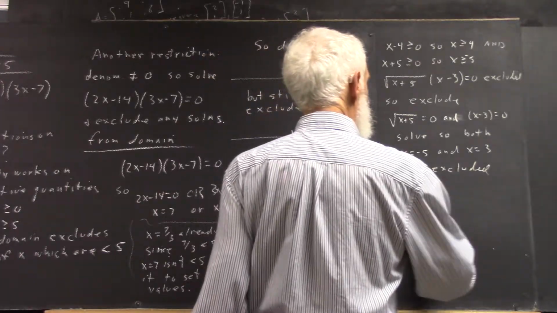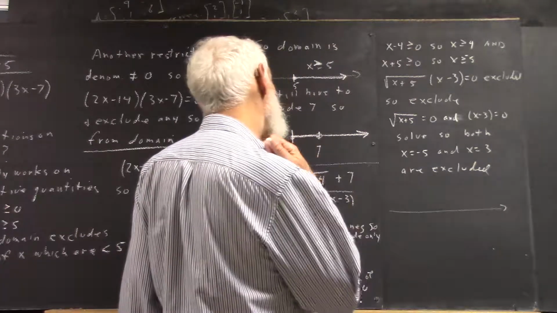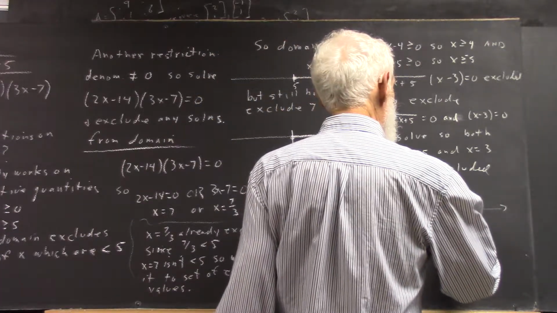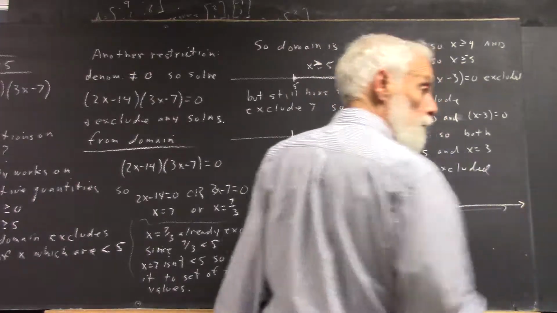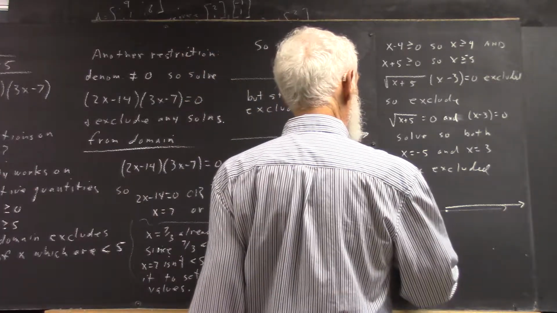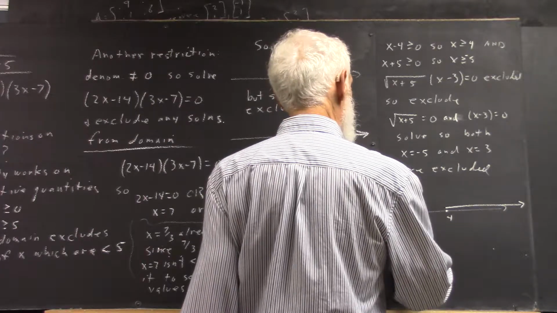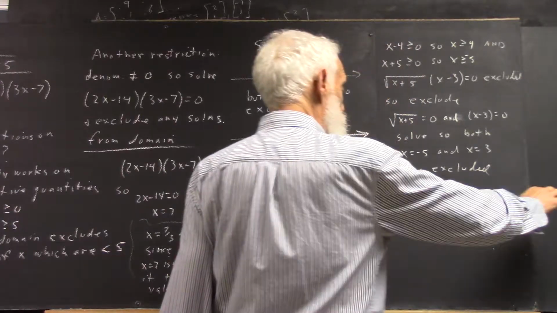So now you could sketch a number line. Let's see, x has to be greater than or equal to 4, so it has to be here, right? And it has to be greater than or equal to -5, so it's got to be here.